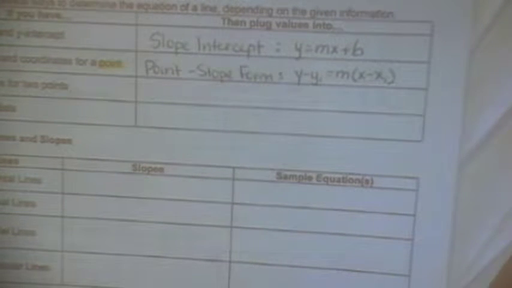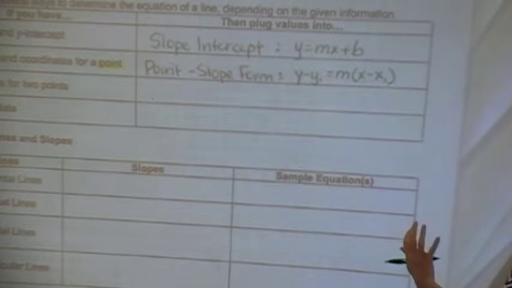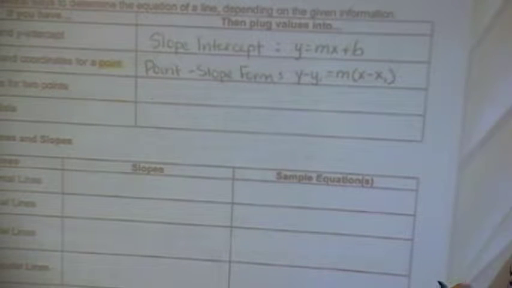Those are the two easiest because the name tells you exactly what you need. Slope-intercept form, you need a slope and an intercept. Point-slope form, you need a point and a slope. The next one, not quite as easy because it's a two-step process.